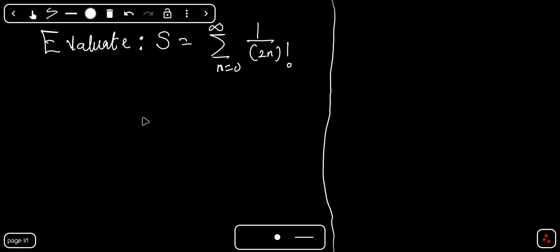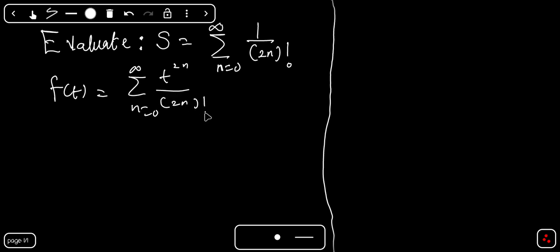All right. So now, in this beautiful sum, I would like to use the Laplace transform to solve this sum. Now let's start. Let f of t be equal to the sum of n from 0 to infinity of t raised to the power of 2n over 2n factorial.